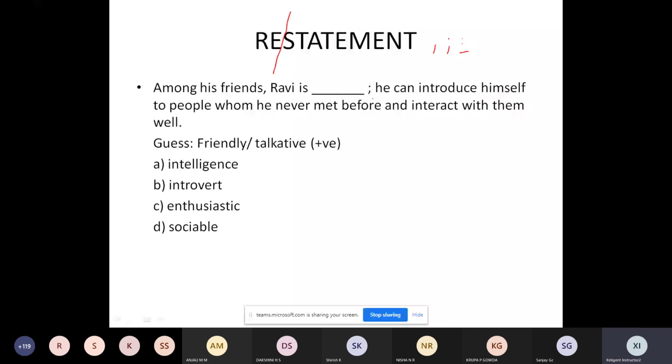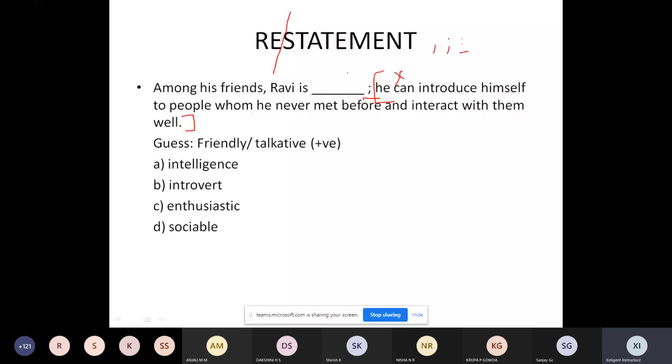If you take this question: among his friends, comma, Ravi is blank, and you have the semicolon here, followed by another sentence: he can introduce himself to people whom he never met before and interact with them well. If I don't have the second part of the sentence, the question is only this much.